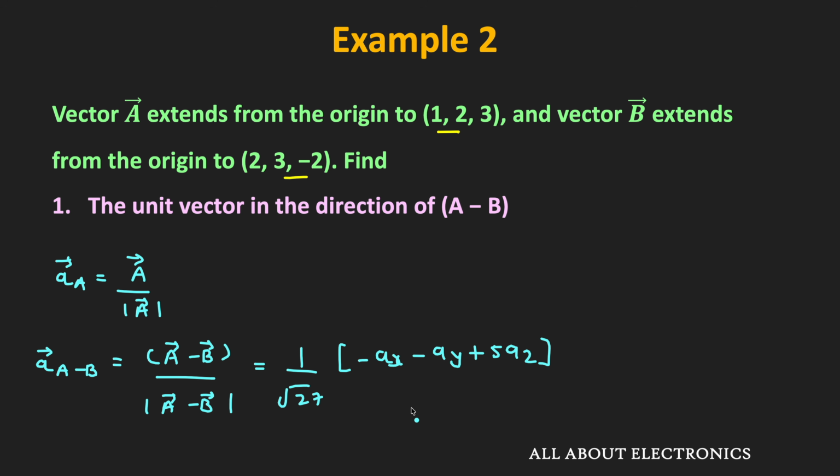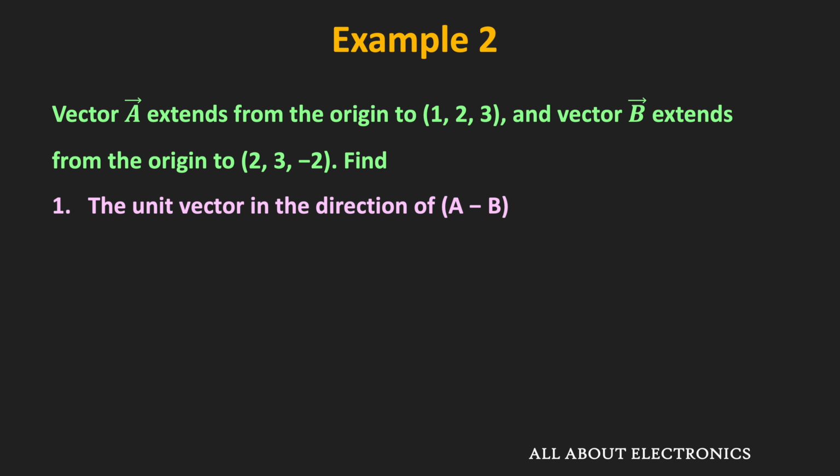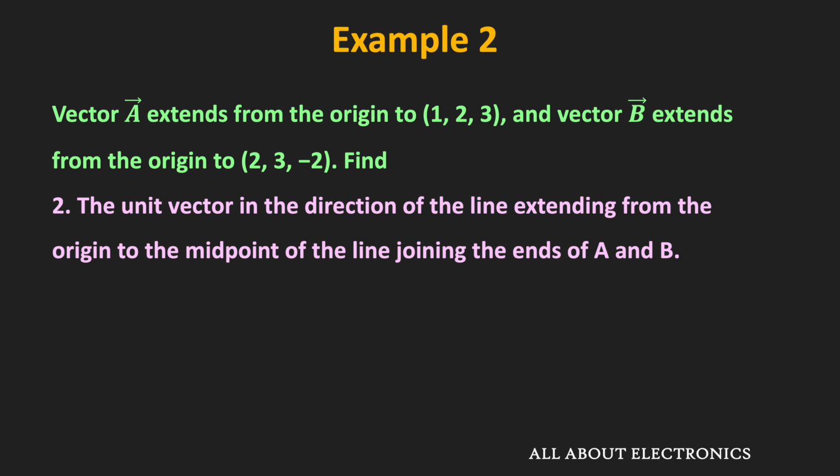Now let us see the second part of the question. In the second part, we have been asked to find the unit vector in the direction of the line that is extending from the origin towards the midpoint of the line joining the points A and B. First of all, let us understand what we have been asked to find. Here, there are 2 points A and B in the Cartesian form.